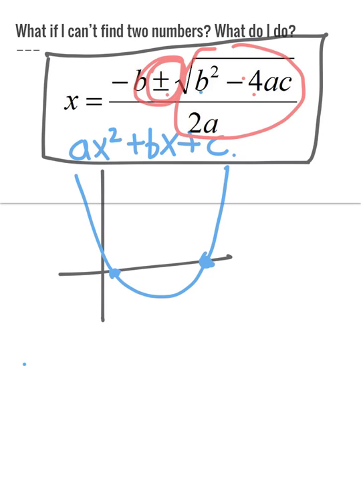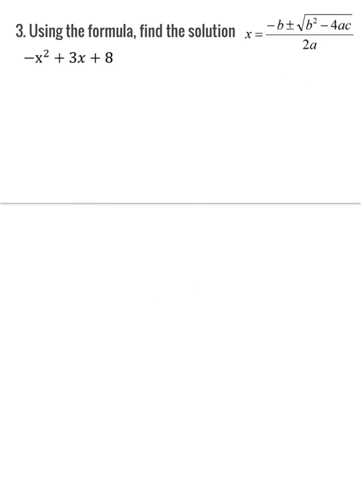So it will actually give us two different values. This is actually called the quadratic formula. Let me just write it down really quick. Quadratic formula.